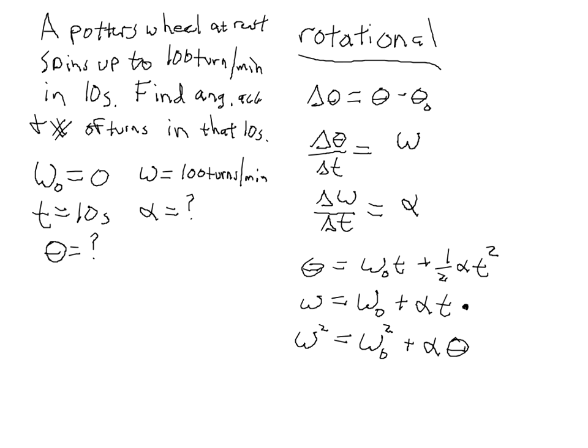So we can plug numbers in. Okay. Omega equals omega 0 plus alpha t. Okay. Omega is 100 turns per minute.